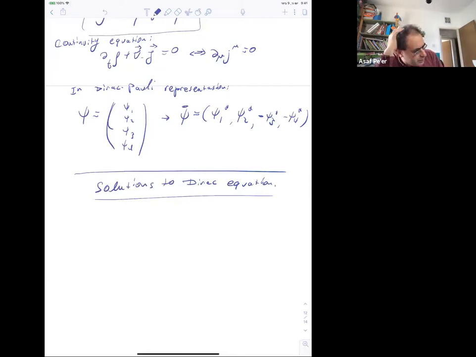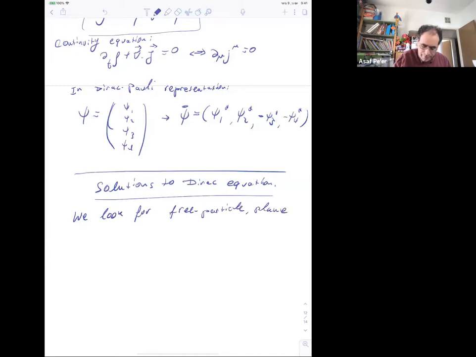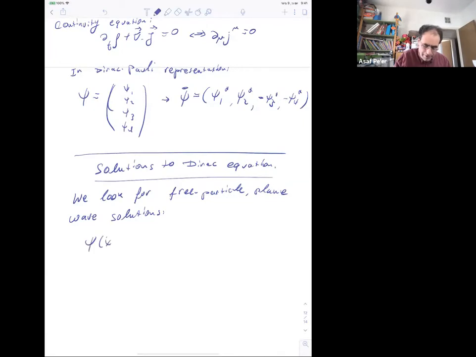We look for free particle plane wave solutions of the form psi of x and t equals u of E and p, times e to the minus i p_mu x^mu.